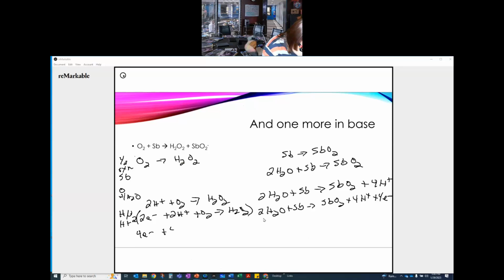So 4e minus plus 4H plus plus 2O2 gives 2H2O2. Actually, I don't need to write that one. So I have 4 electrons there and 4 electrons there. I have 4 protons there and 4 protons there.